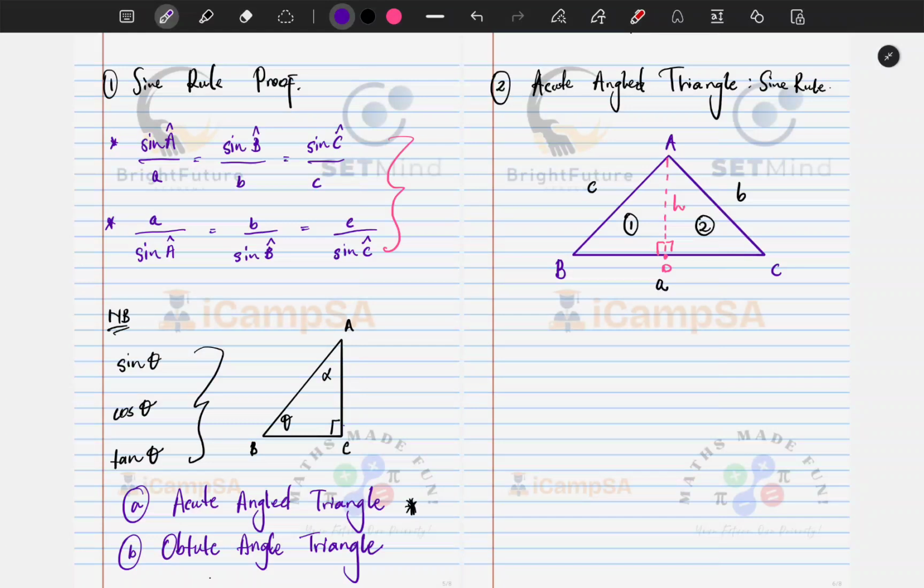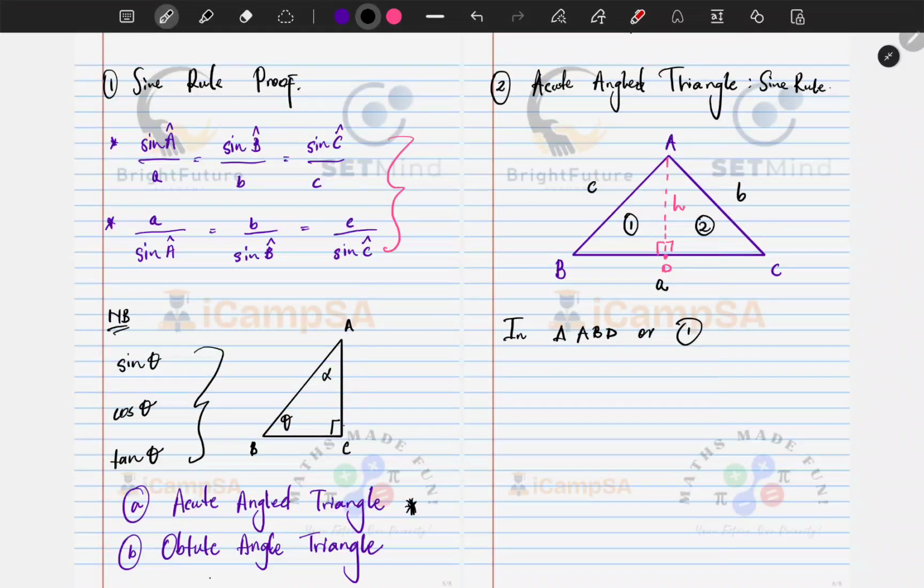Great. So in triangle ABD, this is when I'm going to start applying my trig ratios. So in triangle ABD, or you can literally say triangle 1, which is the same thing.